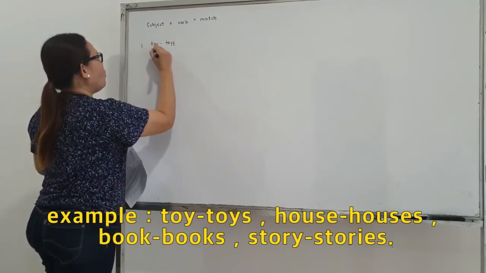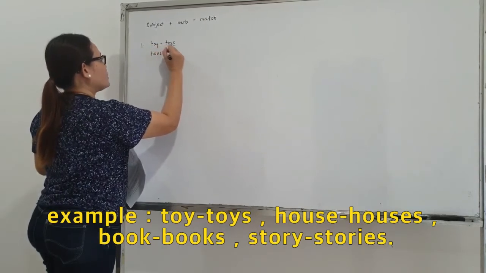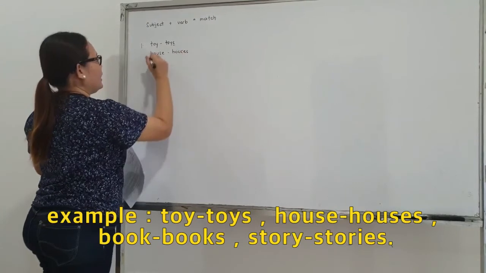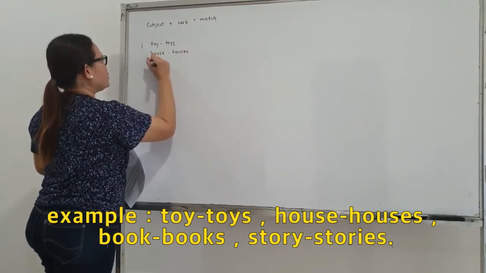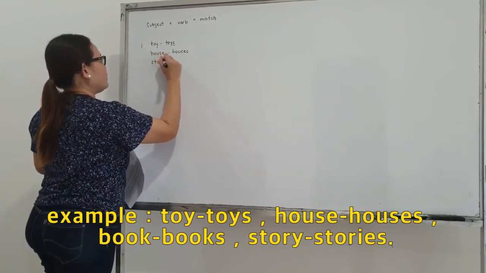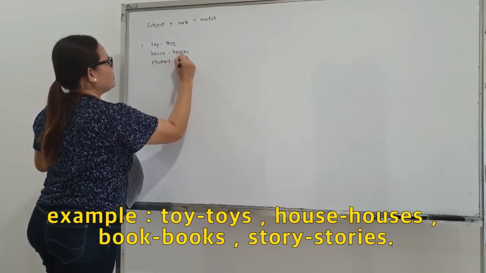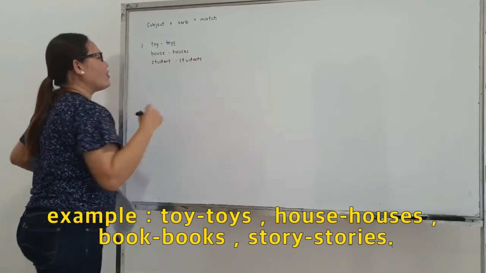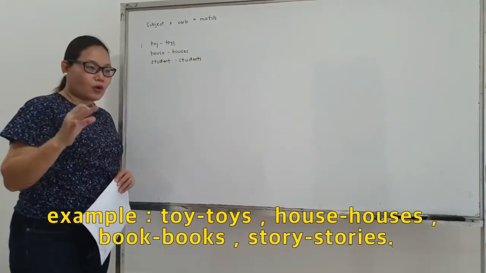Or for the word house, it should be houses. Then student, for example. For my last example, students. So that is the most common form.